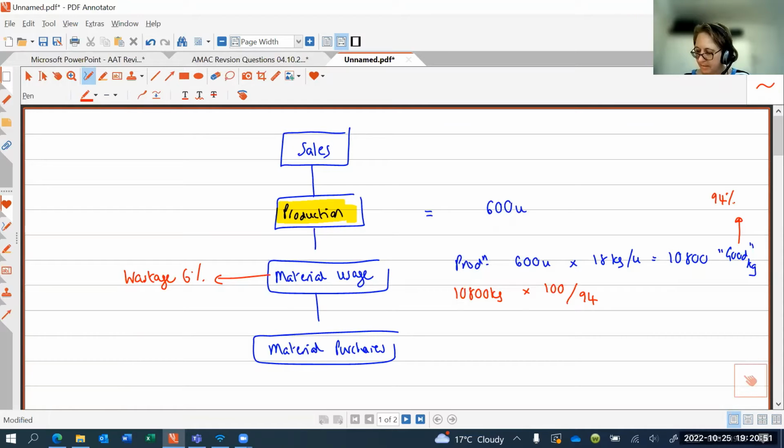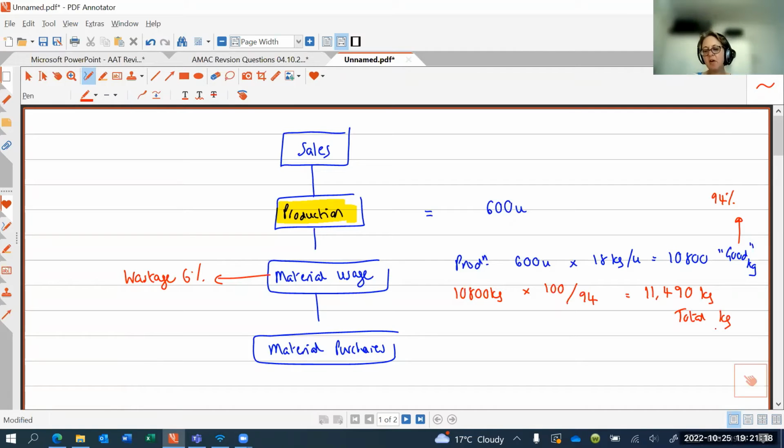So 10,800 divided by 94, basically saying the 10,800 is 94%. So I divide by 94, multiply by 100 to get the total kilograms I should be starting with. It did say I must round up. So 11,490 then if I round up, and that would be my total kilograms.